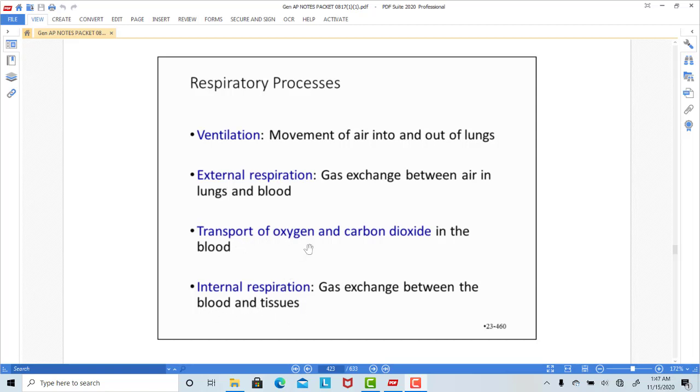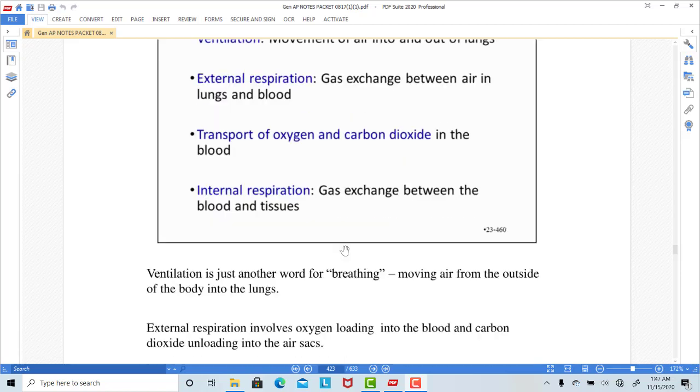And of course, just transporting carbon dioxide and oxygen in the blood, that is part of the role of the cardiovascular system working with the respiratory system. So the respiratory system basically brings the oxygen in to the body and blows the carbon dioxide out of the body.